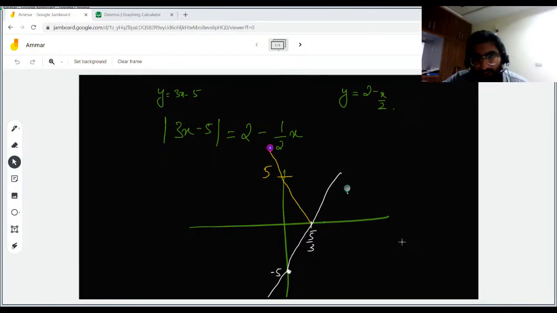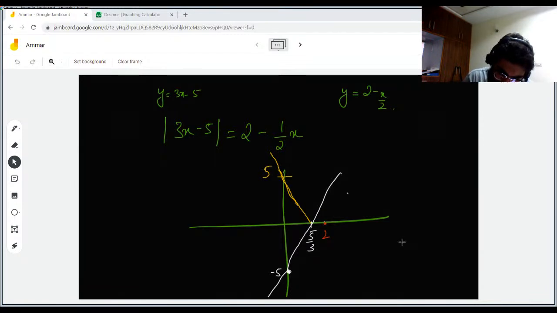Then we have got 2 minus half x. What are the x and y intercepts for y is equal to 2 minus half x? It's 2.